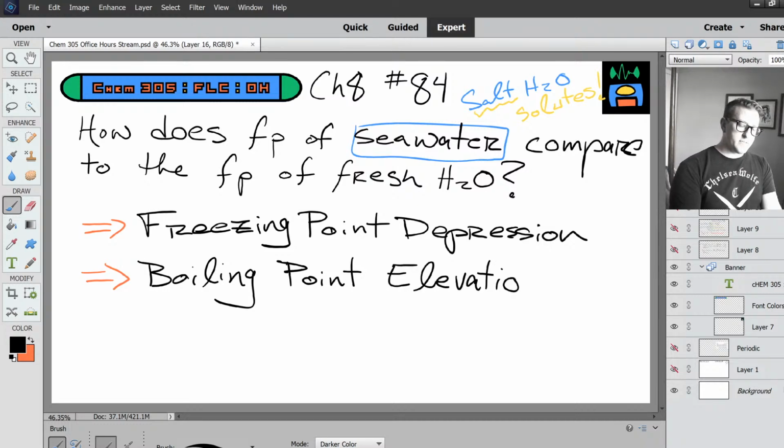The introduction of solutes will drop the freezing point and raise the boiling point.